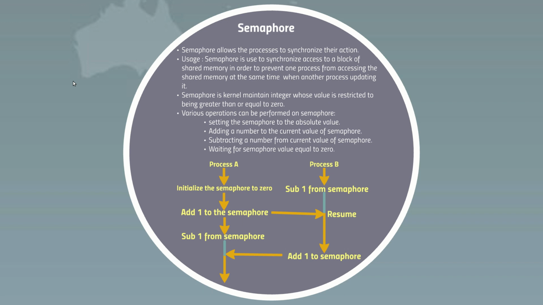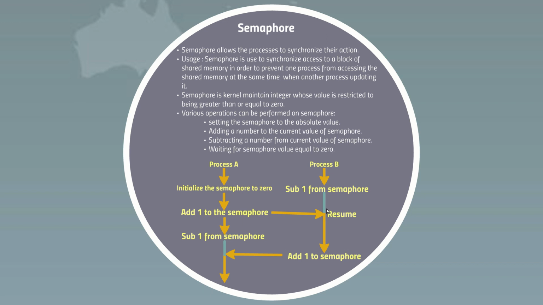One process initializes the semaphore to 0, and the other subtracts 1 from the semaphore. Now process A will start, and we add 1 to that semaphore. At the same time, you can see we have run two processes. The other one, shown in blue, is blocked.